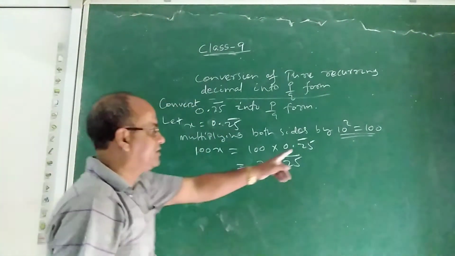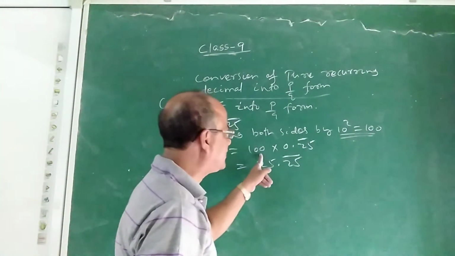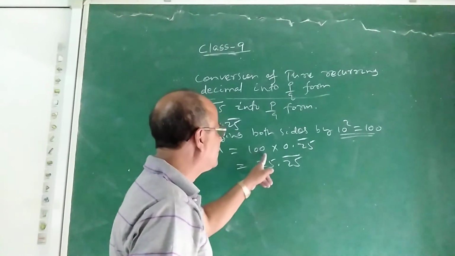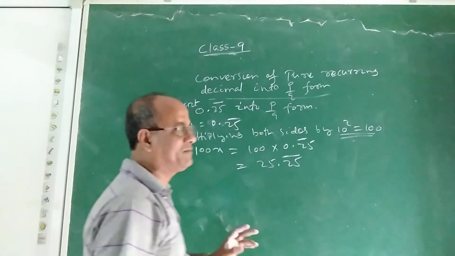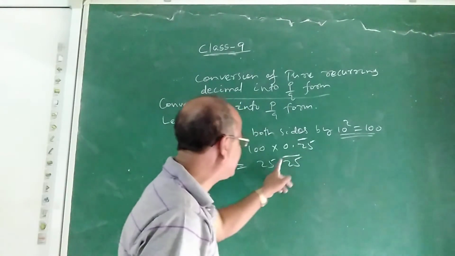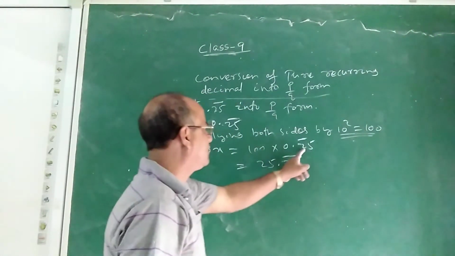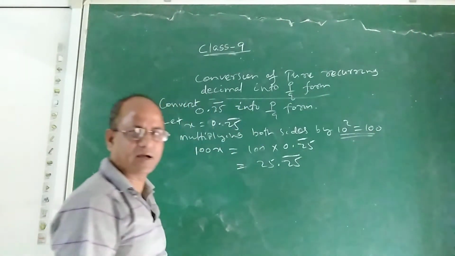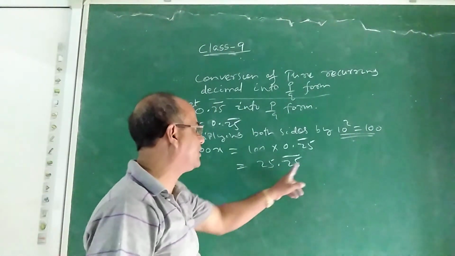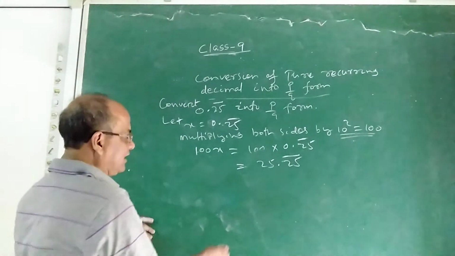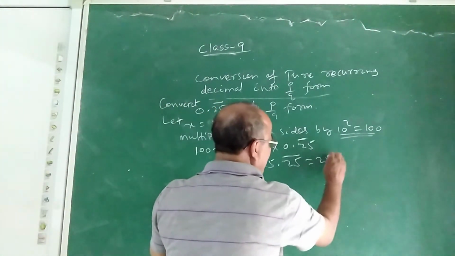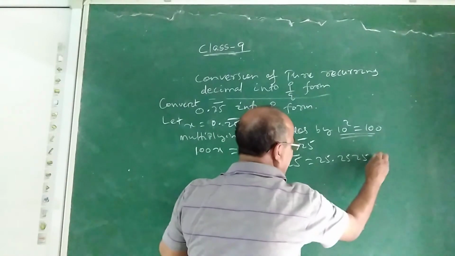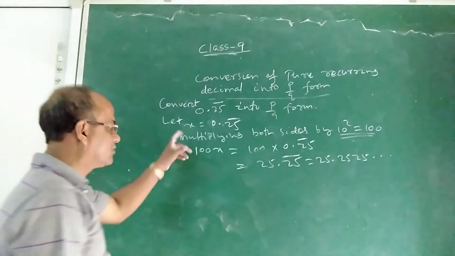There are 2 zeros in 100. So when we multiply 100 to any decimal number, 2 digits will be shifted from right to left. Both 2 and 5 will come to the left, and again 2 and 5 will repeat. So this will be 25.25 bar, that means you can say 25.2525 like this. This is the second step.